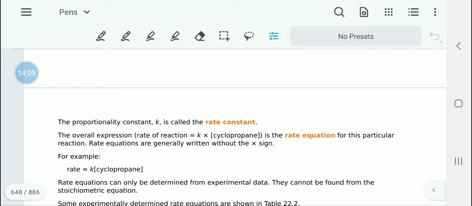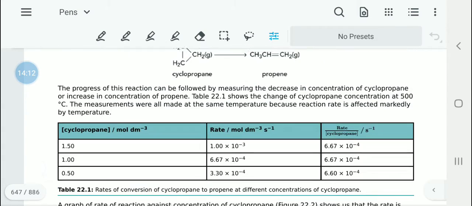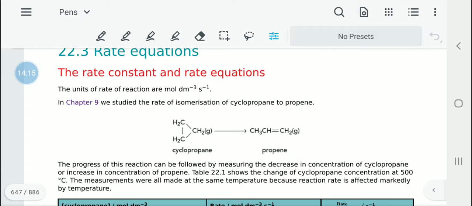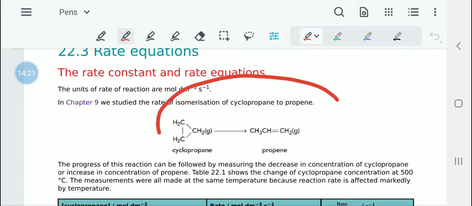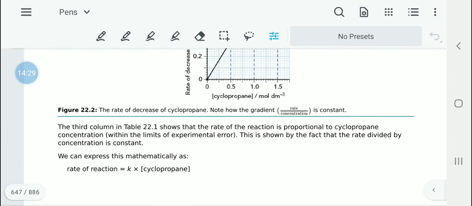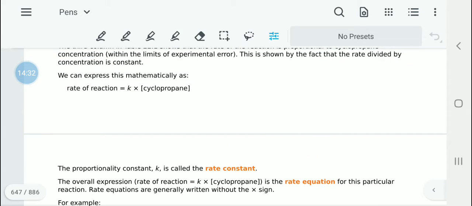If you take the isomerization of cyclopropane to propene, please draw this equation, cyclopropane changing into propene, and after that write down the rate of the reaction would be k into concentration of cyclopropane, and the overall expression rate of reaction equals k[cyclopropane] is the rate equation.